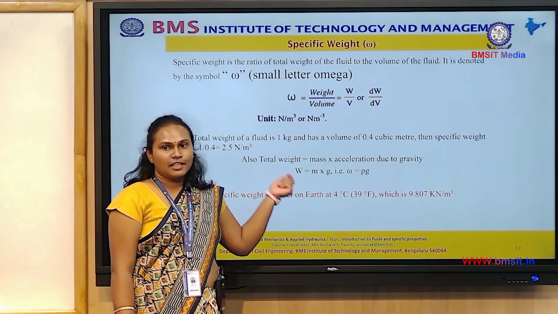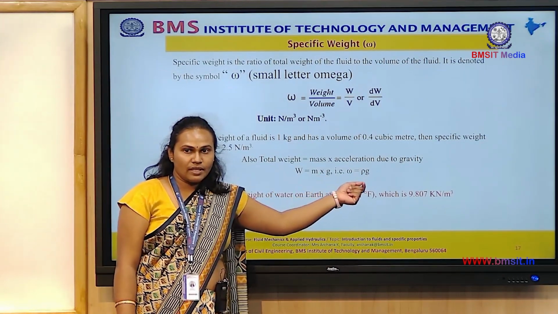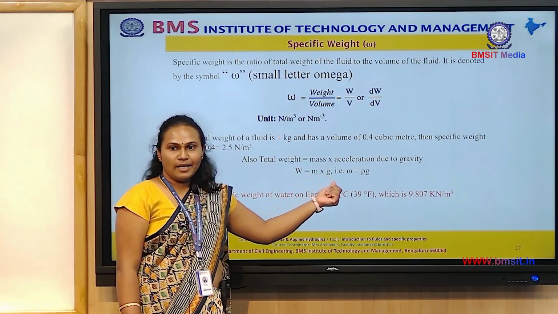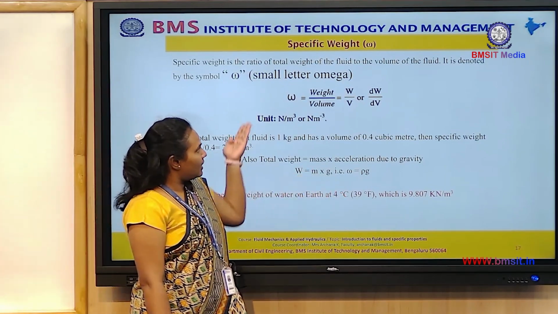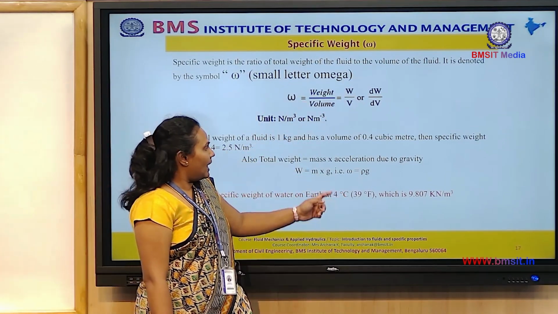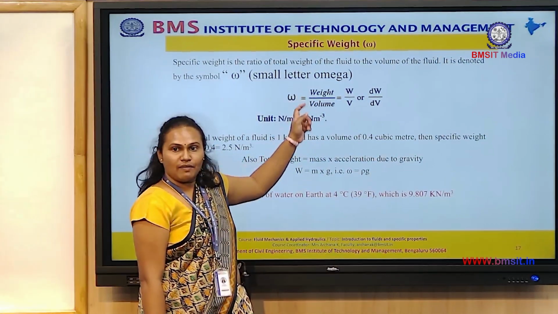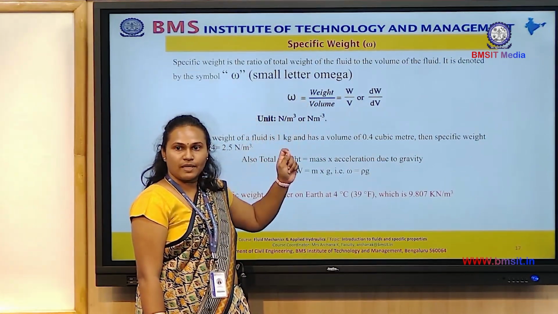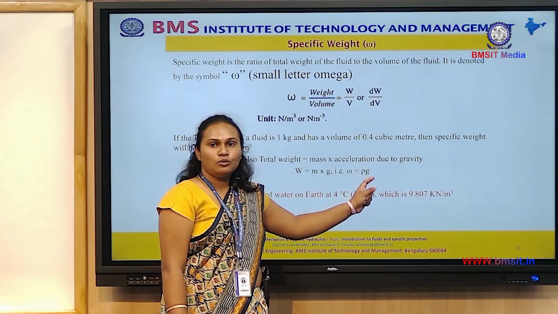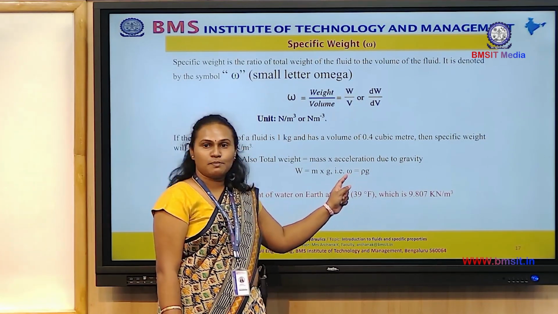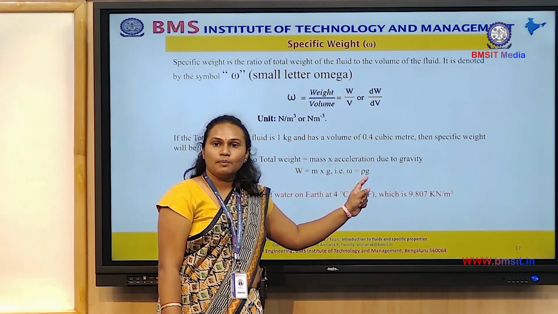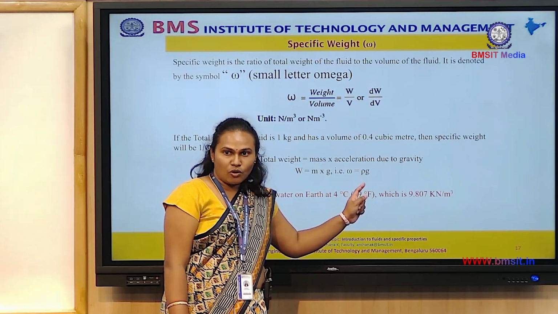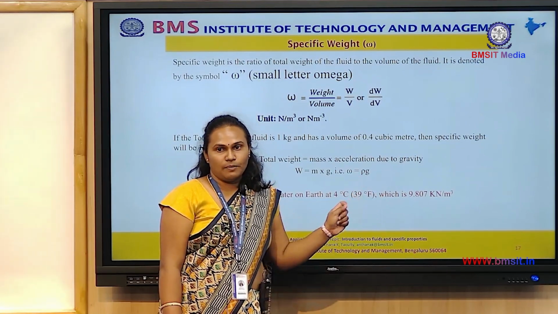We know that weight is nothing but mass into acceleration due to gravity, that is W is equal to m into g. So if you substitute m into g here, we will have m by v, which will be the specific density rho, and into g. So the specific weight is also given as the product of specific density rho into acceleration due to gravity g.